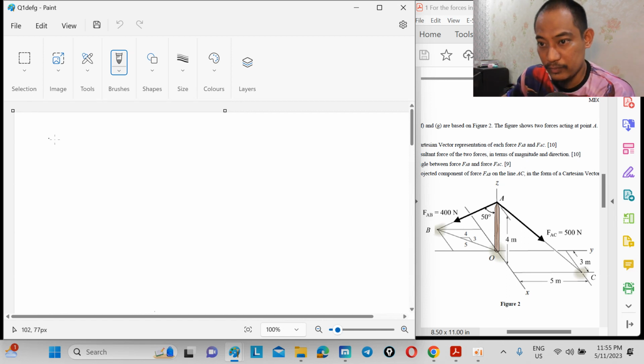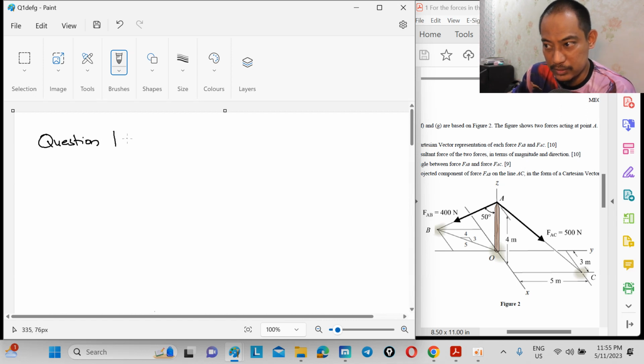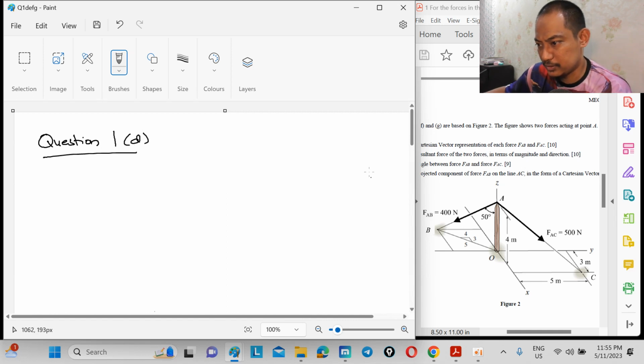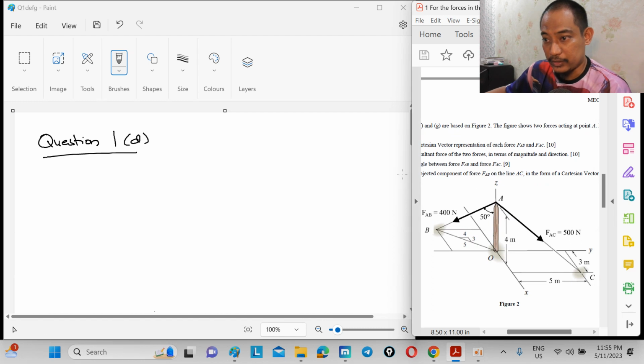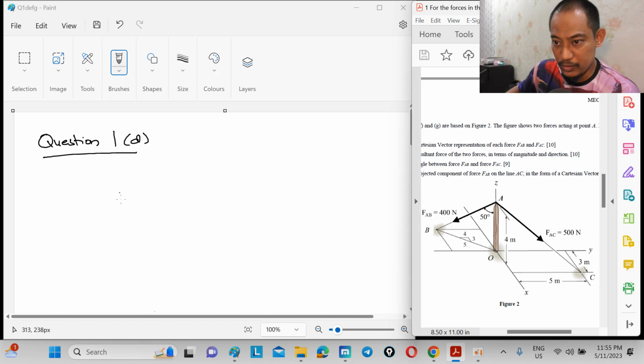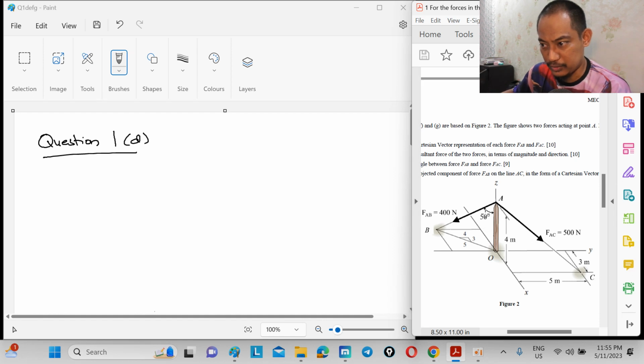Alright, so question 1 D. Yep, D. We need to find the vector for each. So for FAB, we can straightaway use all this angle, because this is the projection angle.